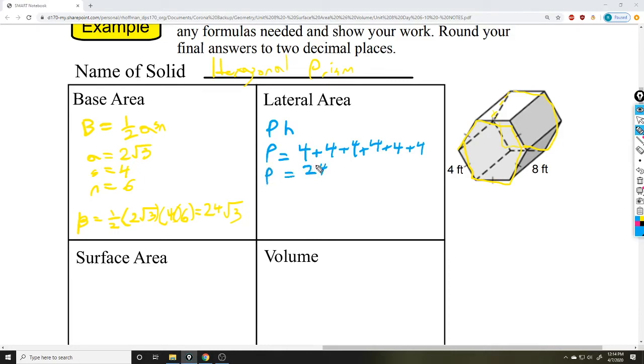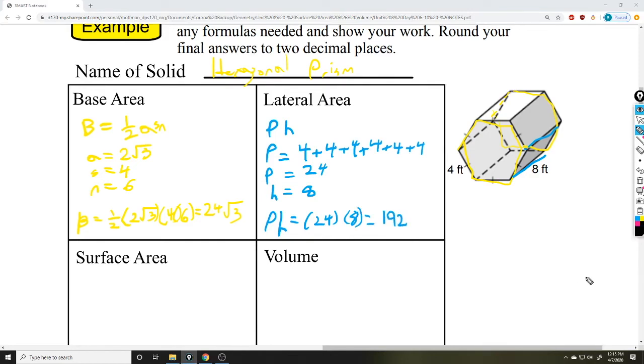That means the perimeter is 24. And then I want my height. My height is always my distance that connects the bases together. There's a height, there's a height. Distance that connects the bases together. And that distance is 8. So to get my lateral area, that's going to be perimeter times the height, which is 24 times 8, 192.